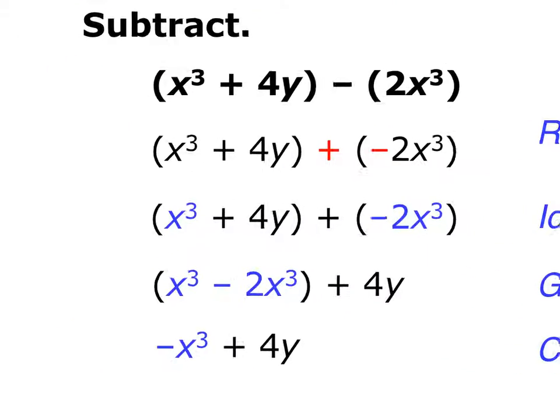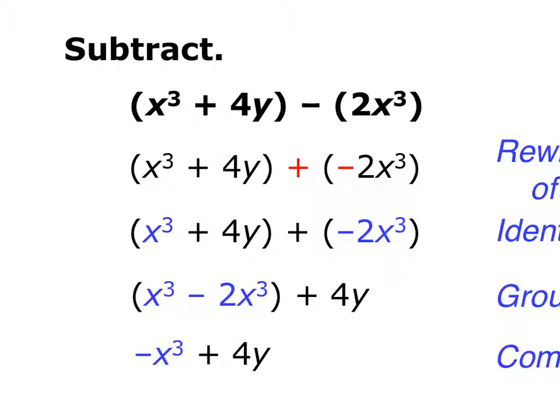So for example, when I'm asked to subtract this first polynomial and subtract the second one, what I do is I take the first one, I keep it the same, so it stays, or I keep it. Then I change the subtraction sign that's in between the 2 polynomials, and I make it an addition sign.